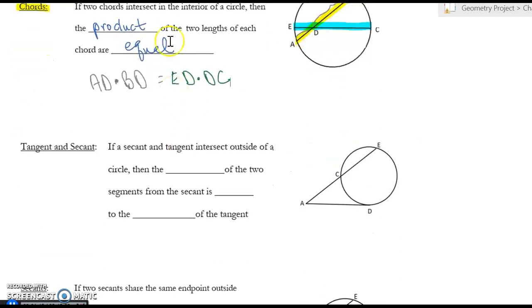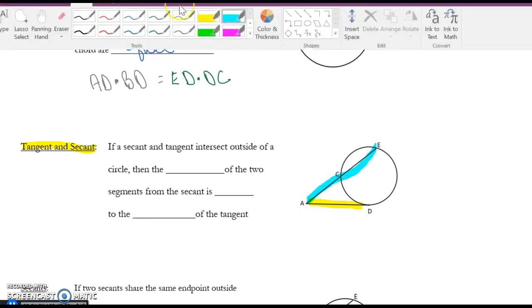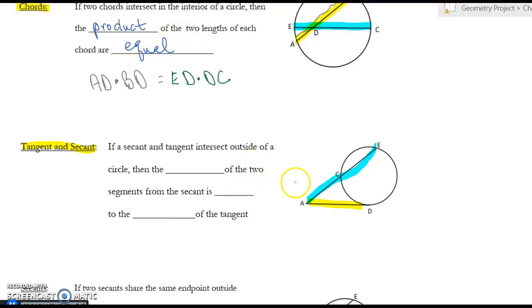Okay? Same idea when you have a tangent and a secant. So here's my tangent, and here's my secant. If a secant and tangent intersect outside of the circle, which they do here, then the product of the two segments from the secant, so this one and this one, so product means multiply, I'm going to multiply AC times CE, is equal to the square of the tangent.